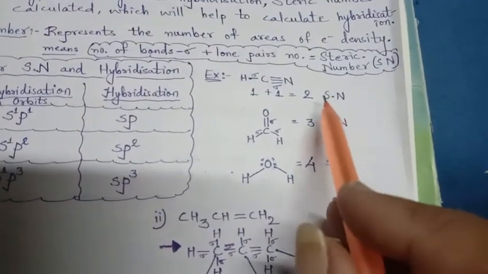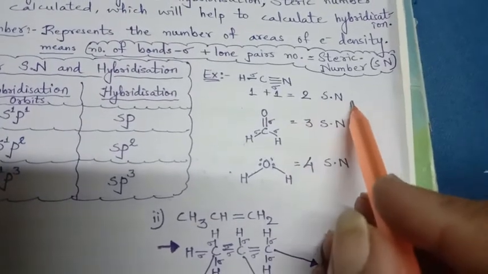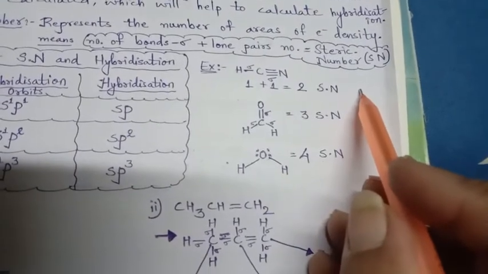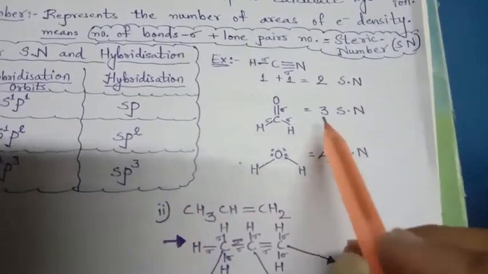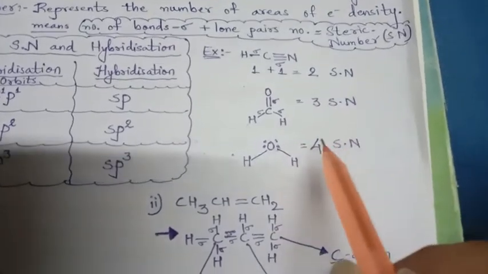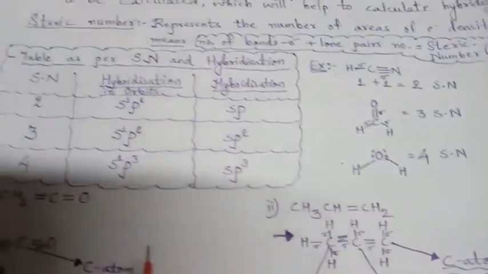As per steric number 2, there will be two orbitals in the hybridization. One will definitely be s and the other will be p. If it is 3, then 1 is s and the remaining 2 will be p. If it is 4, then 1 is always s and the remaining 3 will be p, right?